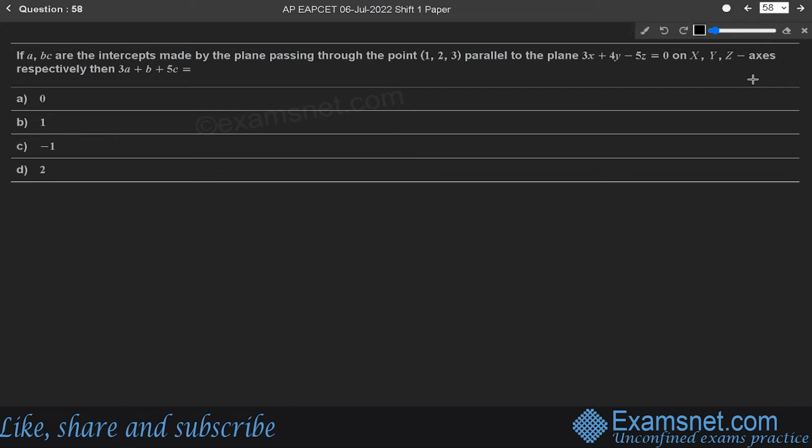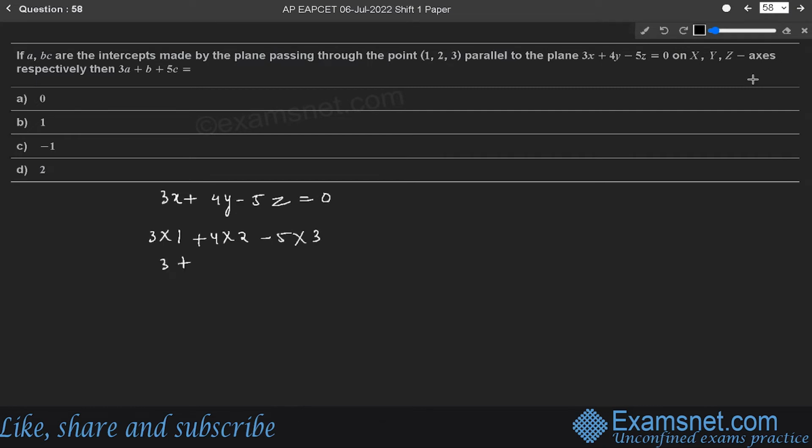So we have point 1, 2 and 3, and the plane is 3x plus 4y minus 5z is equal to 0. It passes through 1, 2 and 3. It means that it should satisfy the equation. So 3 into 1 plus 4 into 2 minus 5 into 3.